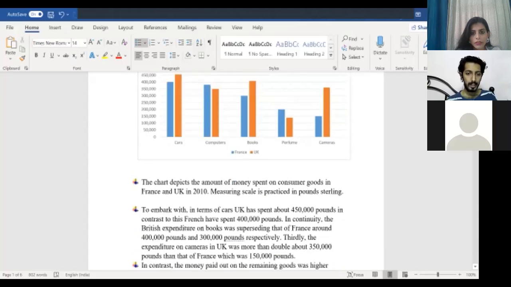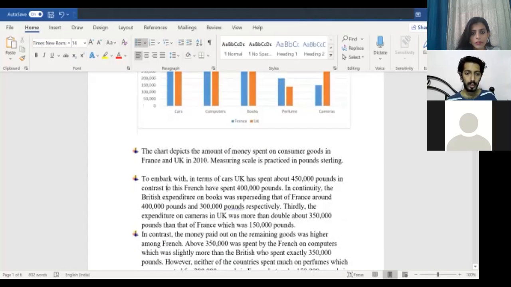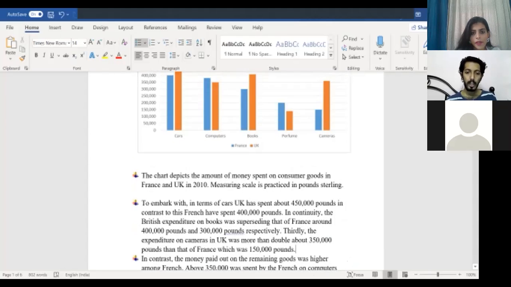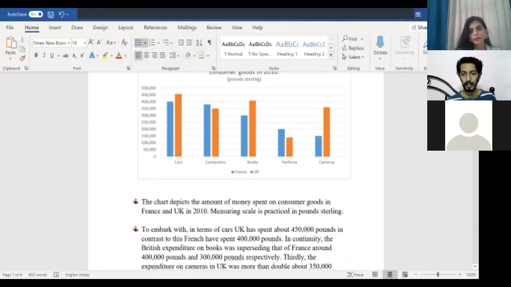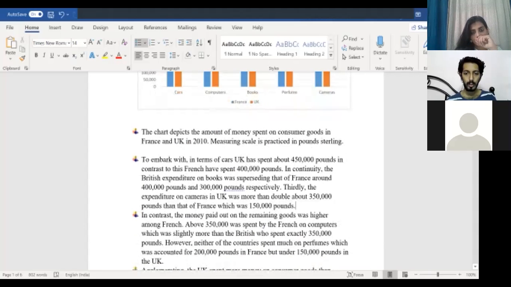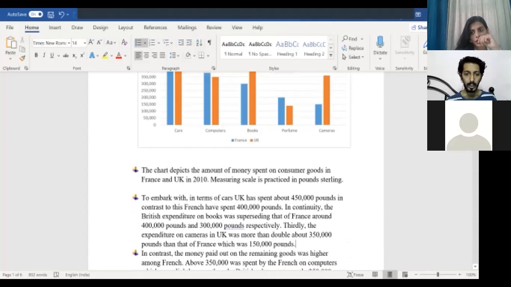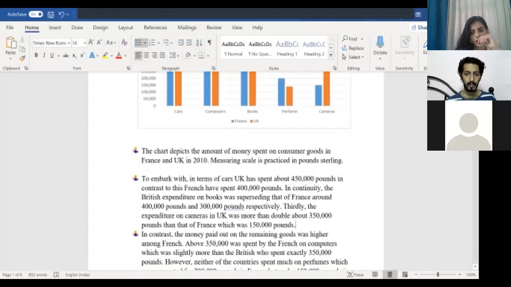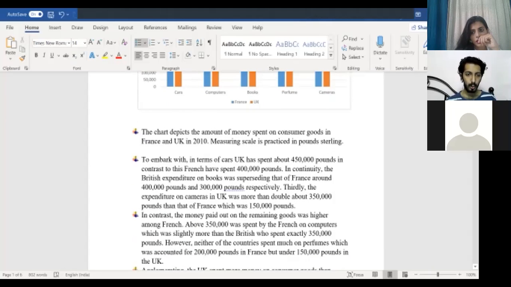Okay, the next thing will be to come up with the most significant points. जो भी सबसे ज़्यादा important points तुम्हें लगते हैं, by reading this graph, तुम्हें उसे paraphrase करके you have to put all the information. So यहाँ पे the first information which I have put over here, by reading the graph, is that to embark, this is a cohesive device.